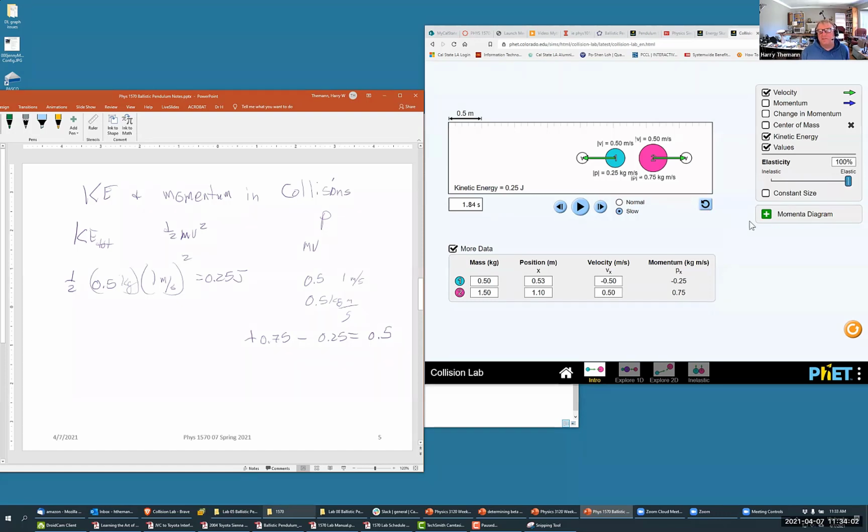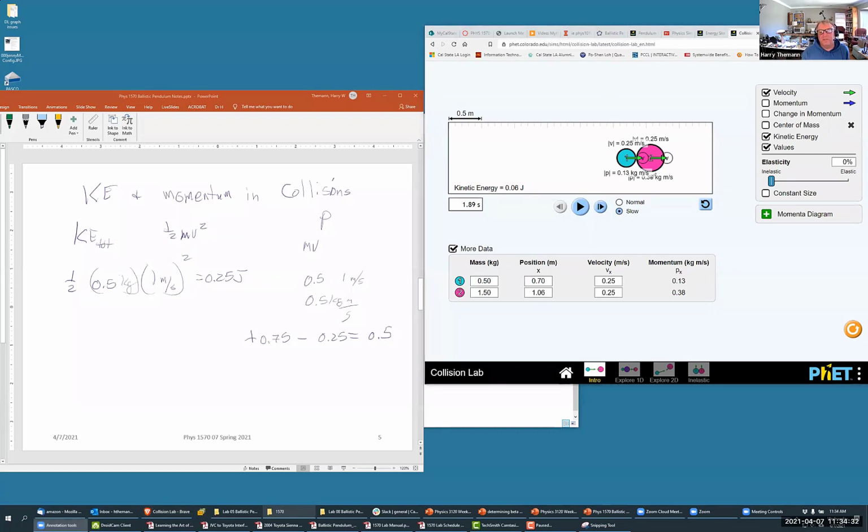Now, when we switch to completely inelastic, that means that they stick together, as you recall. We notice that we have the two momentums, but now they're both positive. And if we add them together, one thing just to keep in mind here, this sim only has two decimal places, right?